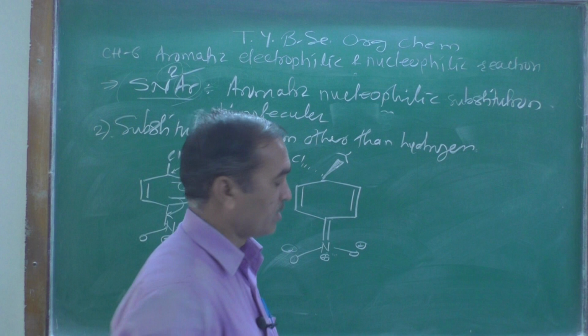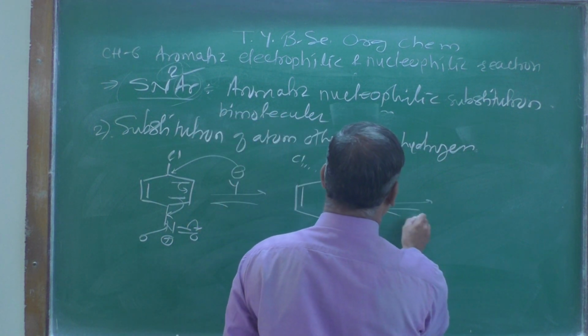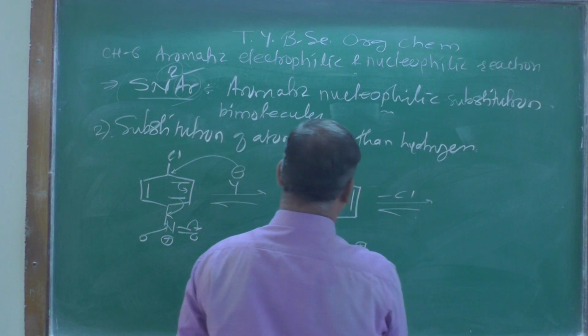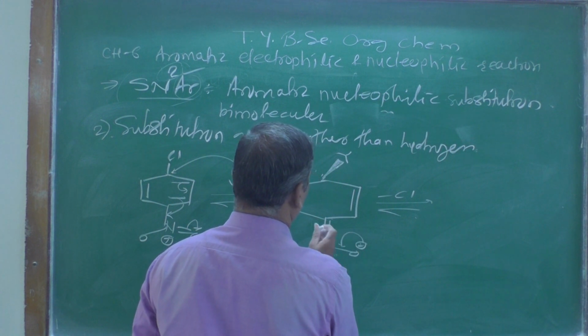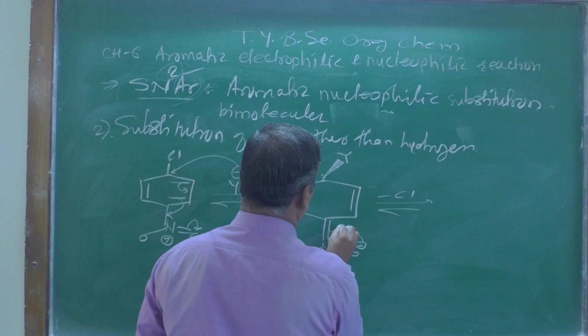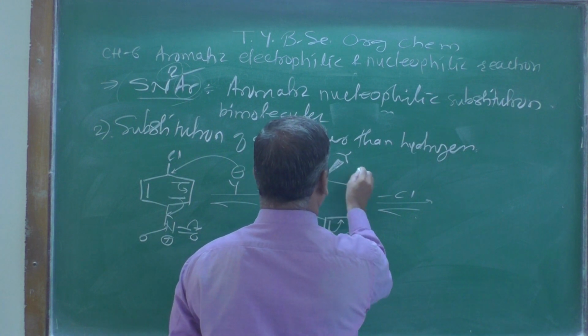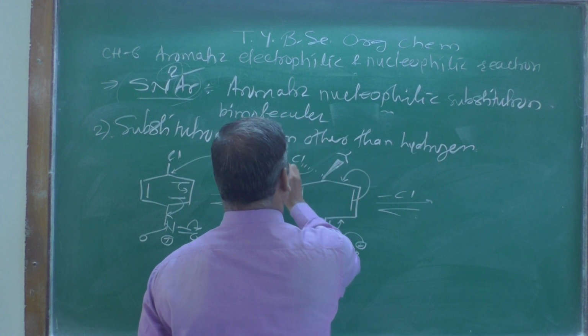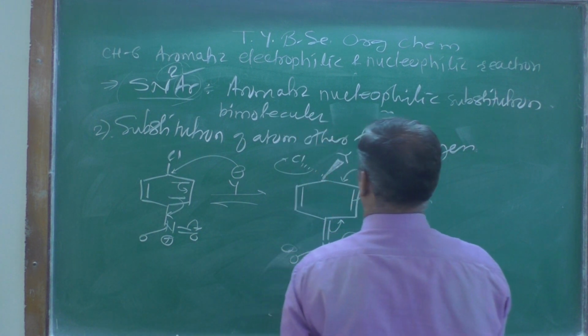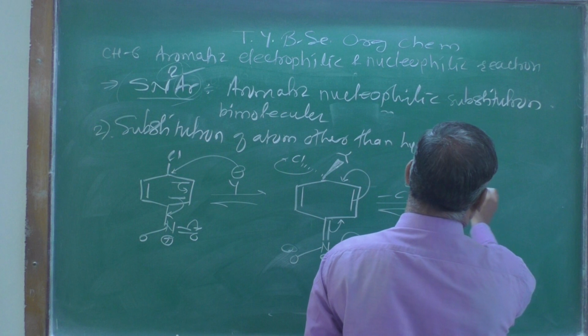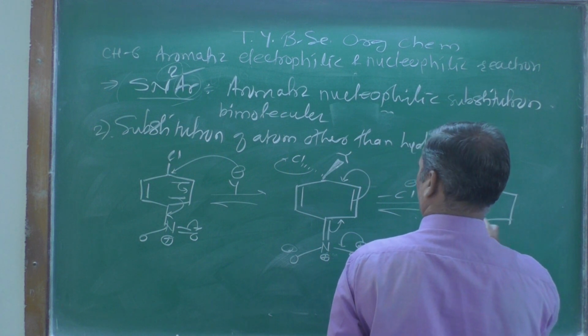When there is a loss of the chlorine atom, how does it take place? The double bond comes back, this double bond shifts from here to here, and that chloride, the minus chlorine, gets removed easily, and we get the product here.